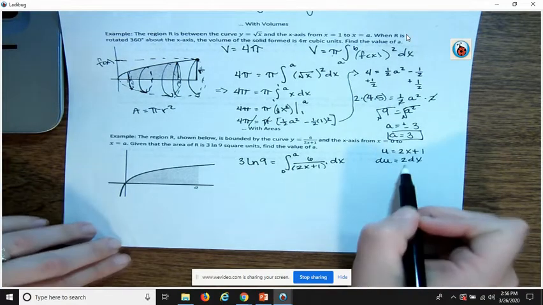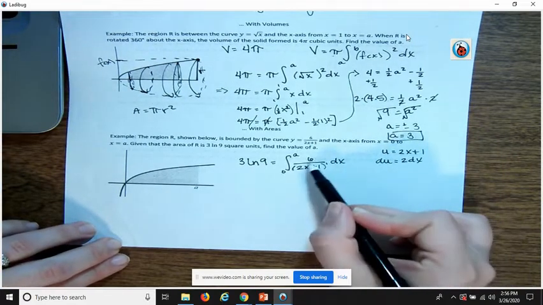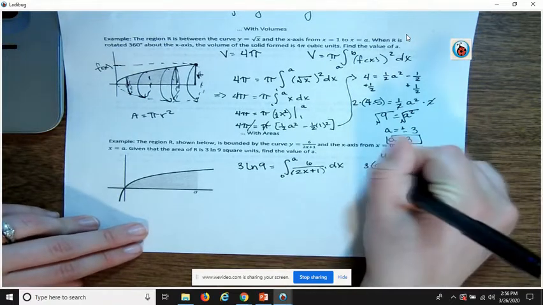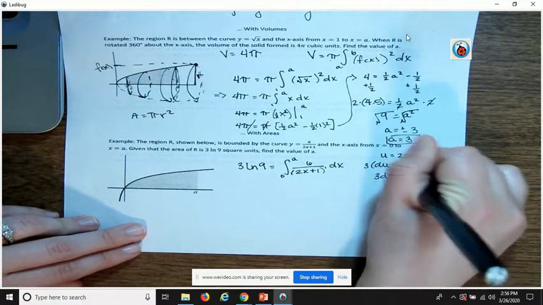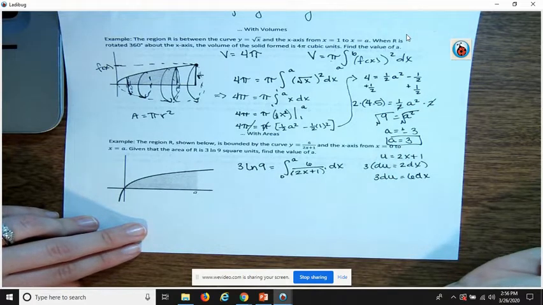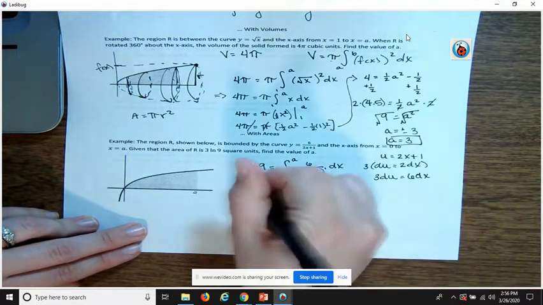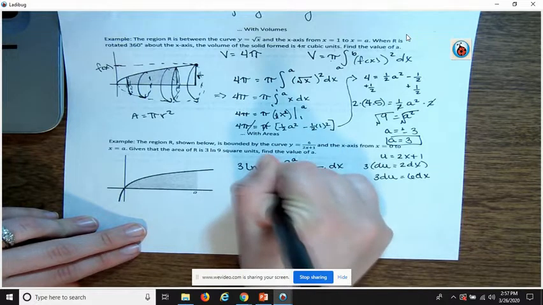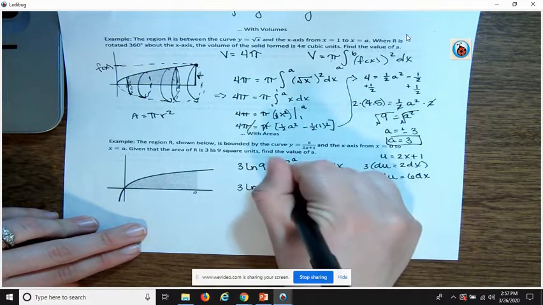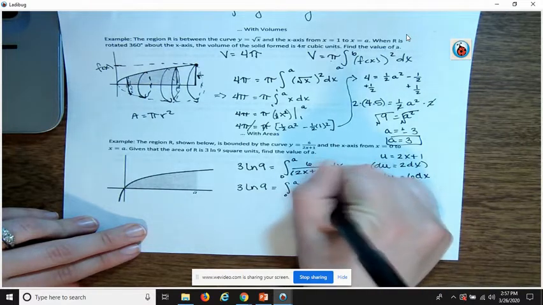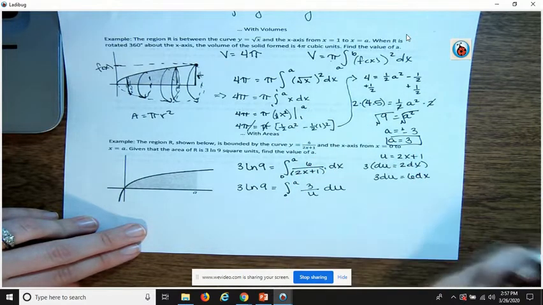In order to turn this 2 into a 6, I would have to multiply it by 3. So I'm going to multiply this whole thing by 3. So 3 du is equal to 6 dx. Now I can replace the 6 dx with the 3 du and also this u right here. So I'm going to rewrite my equation. So I have the integral from 0 to a of 3 over u du.